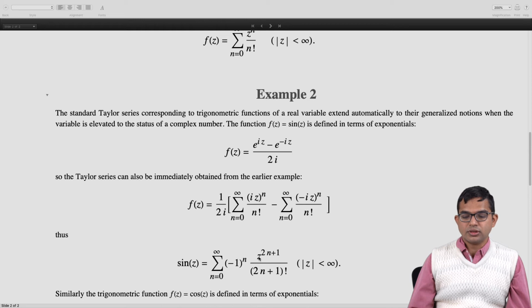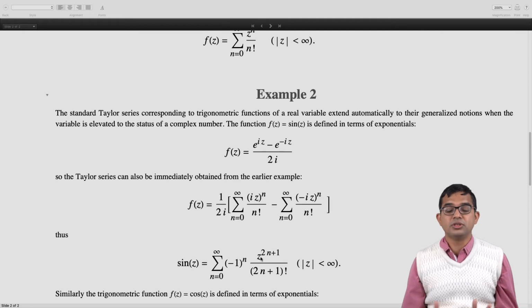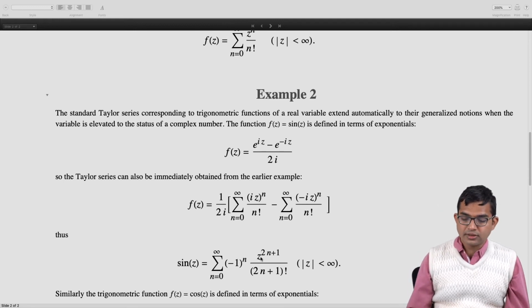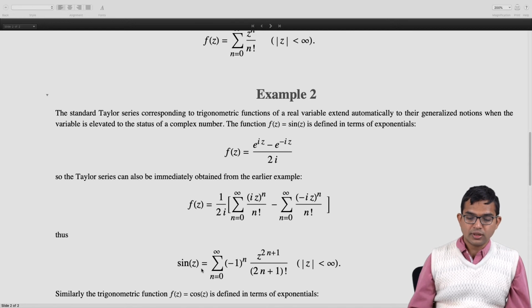It's just that this z has now been elevated to a complex number, and it's guaranteed to converge for any value of z, right? It's convenient that our extension of the idea of a sinusoid works out so nicely also for the Taylor expansion.